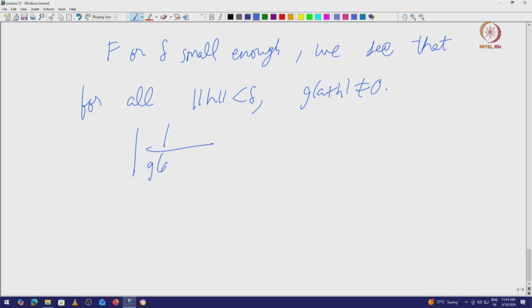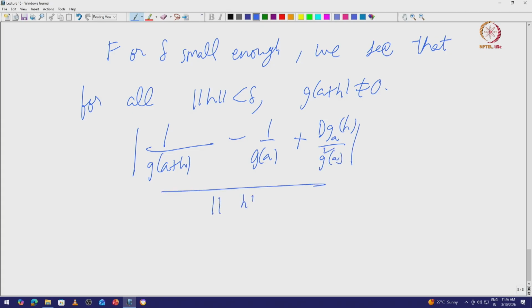Right. So we look at the linear approximation as always. What's the derivative? It's expected to be this divided by norm h. Now what must we do? Obviously we must bring this to a common denominator. This is not rocket science, right?